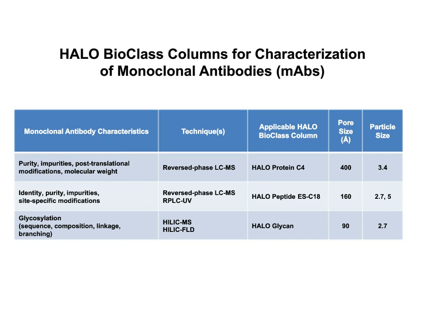That is the application of very wide pore materials for intact protein and subunit separations. That is to look at impurities and post-translational modifications using the Halo Protein, to identify impurities and modifications using the Halo Peptide, and to look at glycosylation variants using the Halo Glycan column.